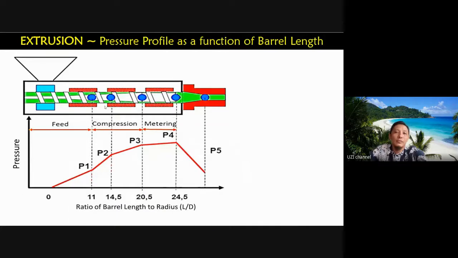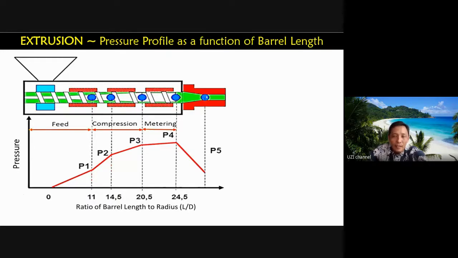This is the profile of pressure as a function of the barrel length to diameter ratio. Initially, in the area P1, it is the feeder area. The pressure rises like this and then increases again after entering the compression areas P2 and P3, and finally the maximum pressure occurs at P4, in the last part of the heater in the barrel.